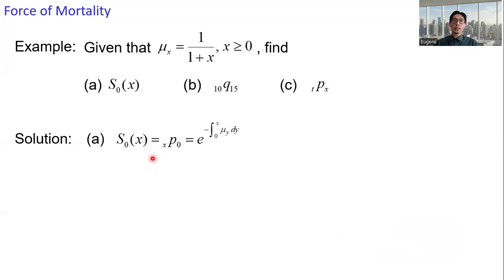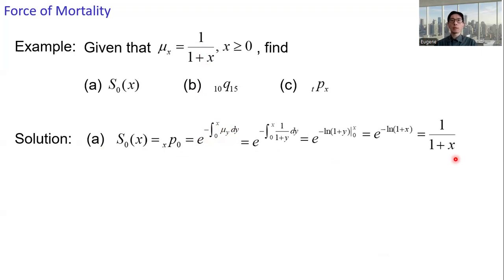So we simply take the integration of the force of mortality evaluated from 0 to x, and then take the negative of this expression and then do exponentiation. Upon computation, we get S0(x) equals 1 over 1 plus x.